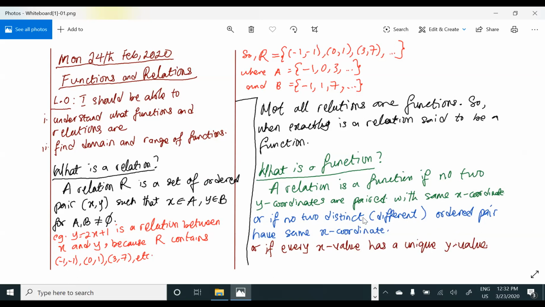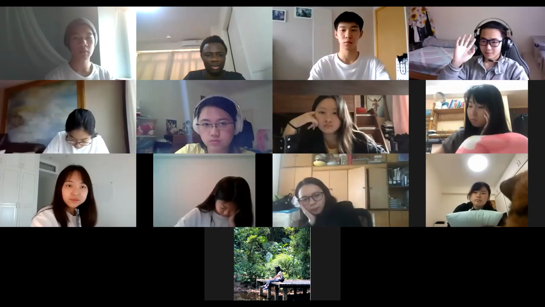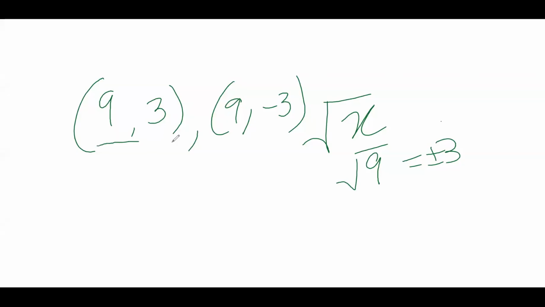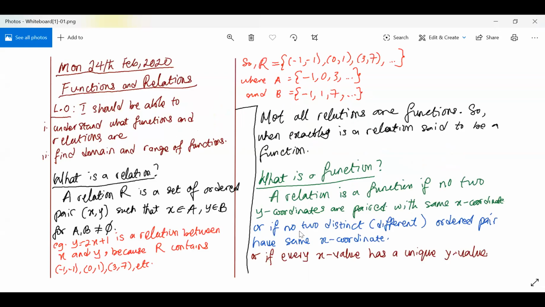The blue one is actually easier, and that's exactly what I'm trying to say here. So let's come to what I wrote. These are two ordered pairs with the same x coordinate, and that is contrary to this definition in blue. No two distinct ordered pairs must have the same x coordinate.